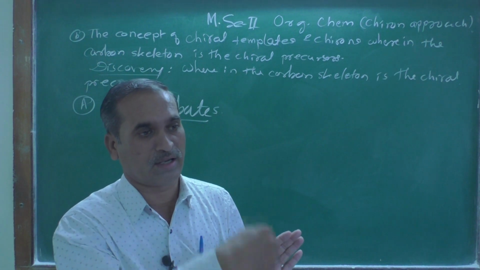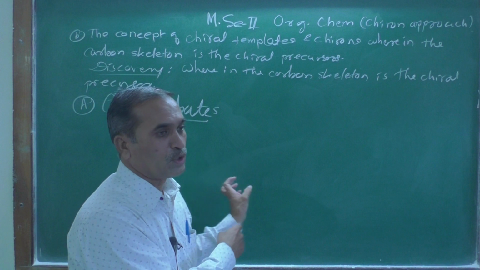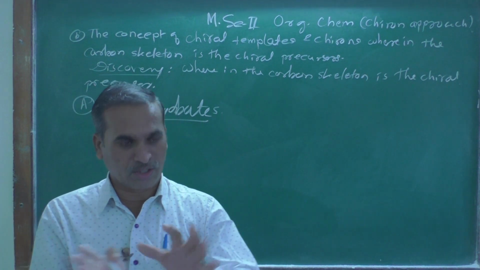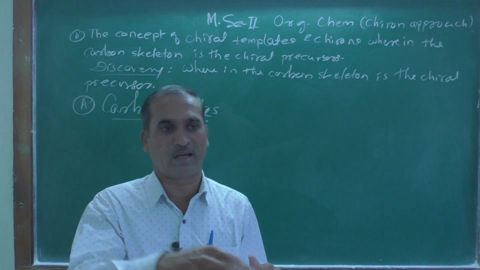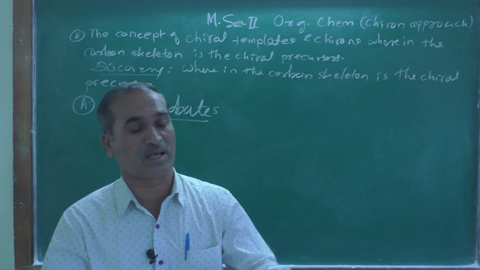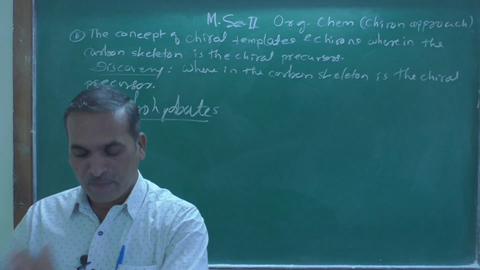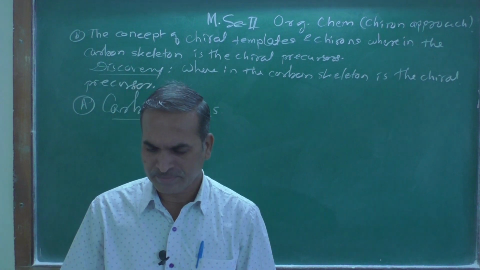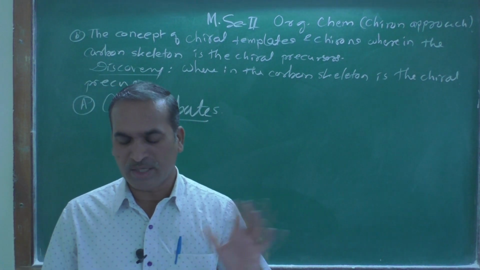The middle one is a Chiron, and the next one is the Chiron template, which we saw pictorially: the target molecule, and from that the Chiron. The Chiron template is nothing but the chiral precursor, or starting material. The template derivative may be evident and will not be discussed.